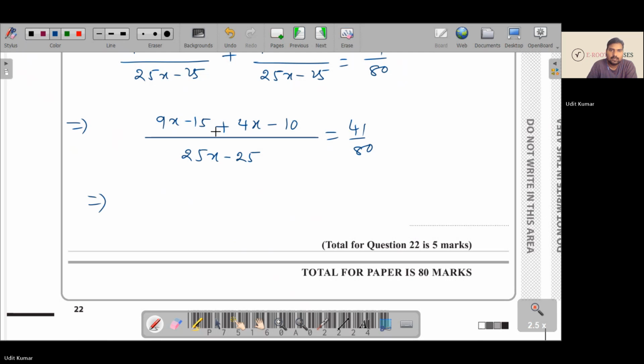Now, 9x plus 4x is 13x, minus 25. And in the denominator we can take 25 out, so it will be 25 times (x minus 1), equals 41 over 80.